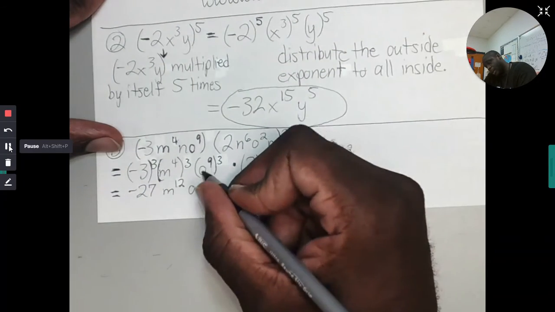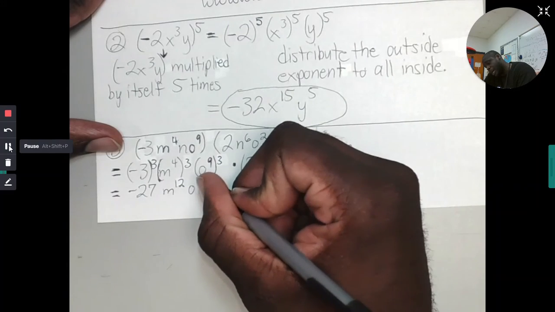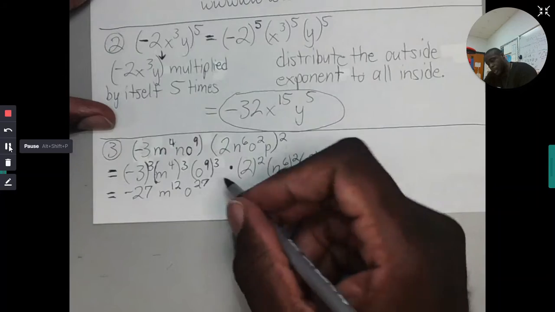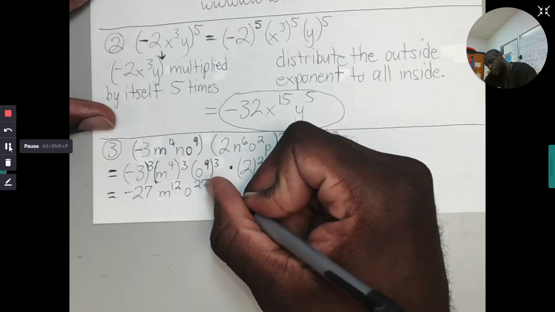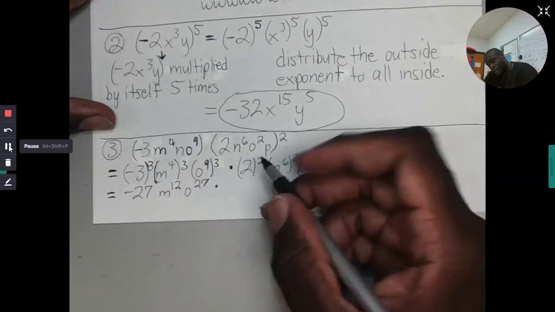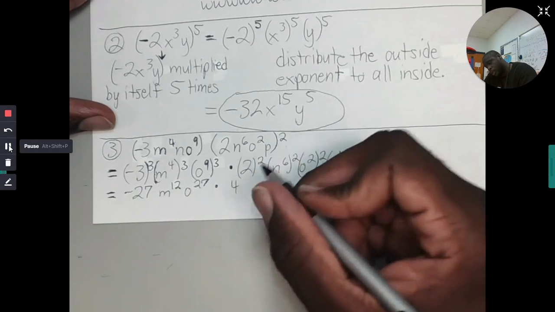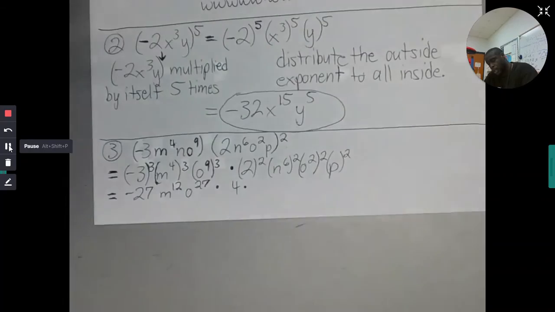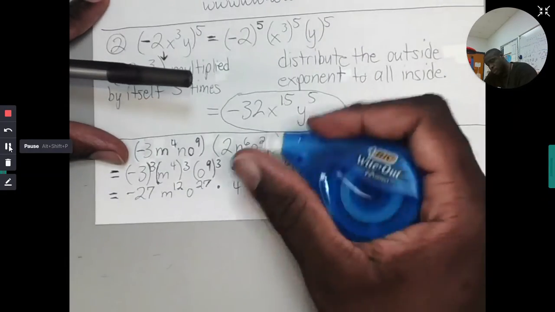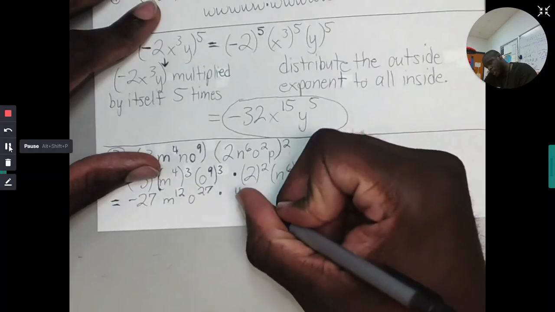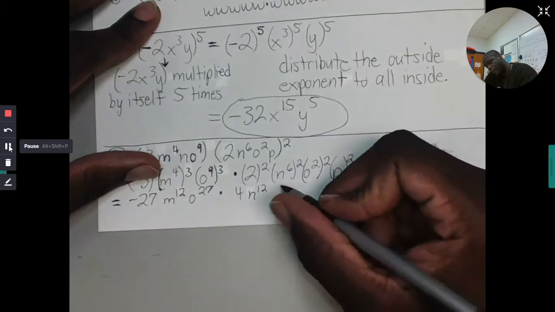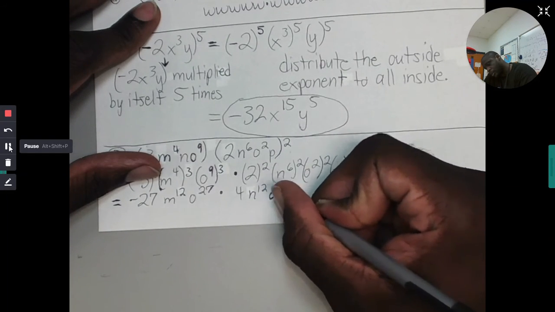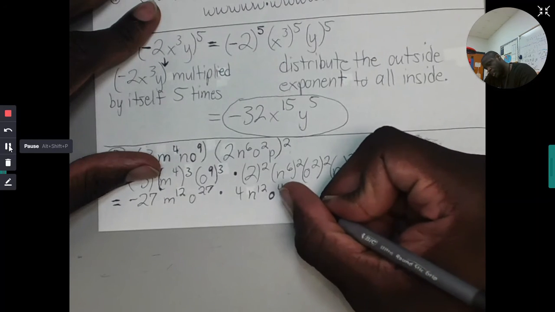Here you'll wind up having O to the 27th power. Okay, and here you wind up having 4, n to the 12th, O to the 4th, and P squared.